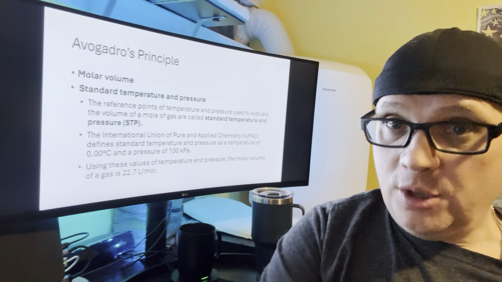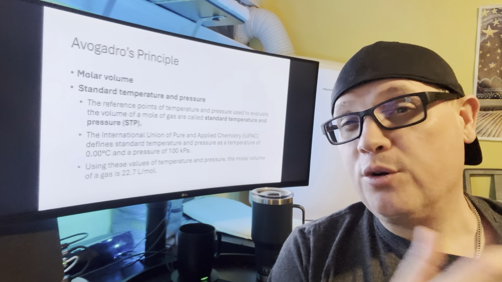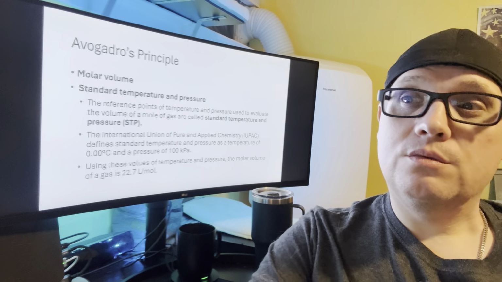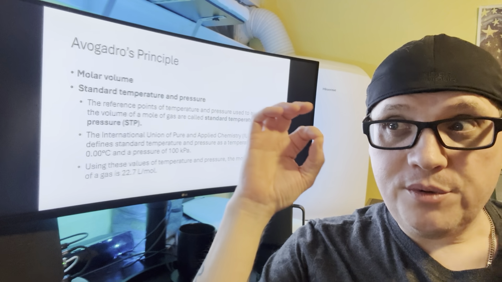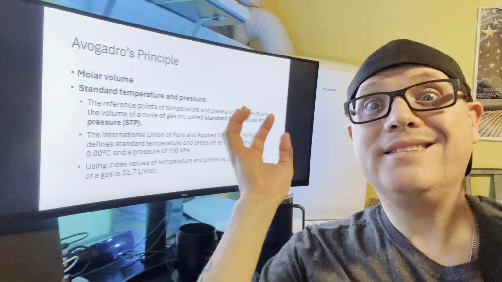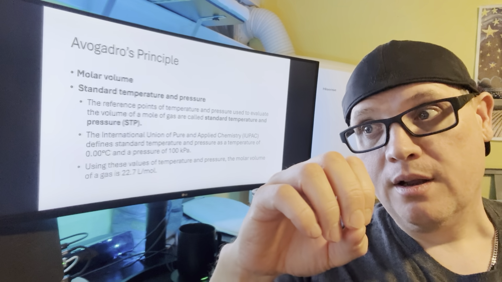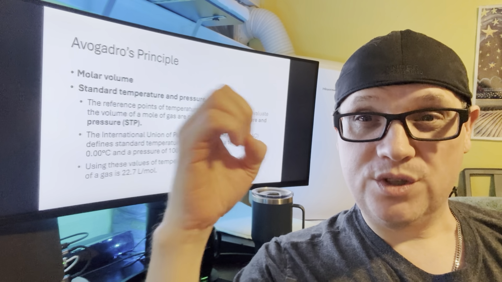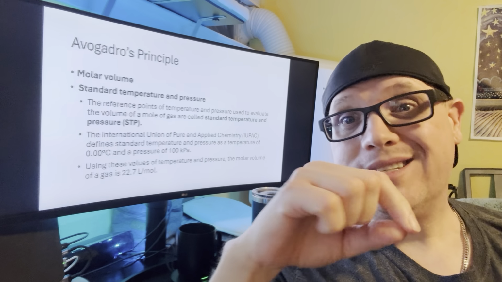So 100 kilopascals is pretty much 1 atmosphere, because 1 atmosphere is about 101.3 kilopascals. Very close. It's the International Union of Pure and Applied Chemistry, the IUPAC standard: 0 degrees, 100 kilopascals. Because we're using kilopascals and 0 degrees Celsius, that makes the liters per mole 22.7.